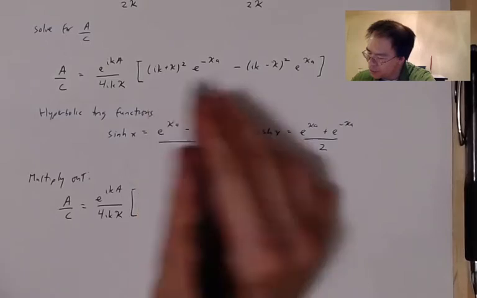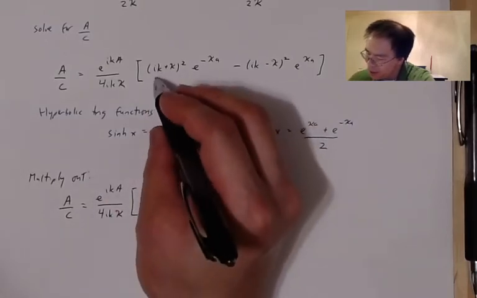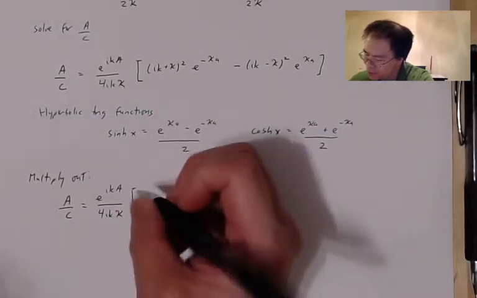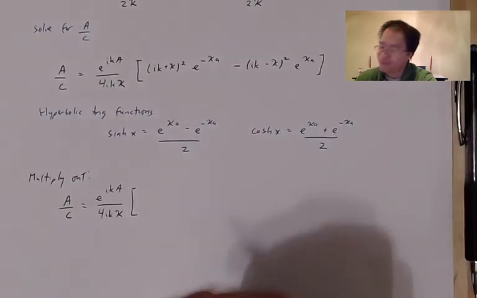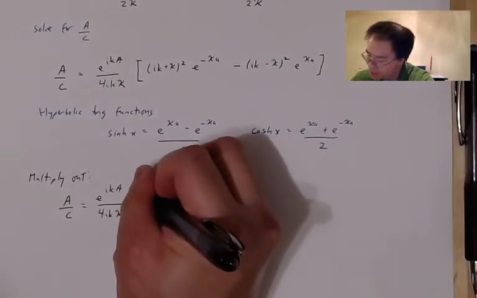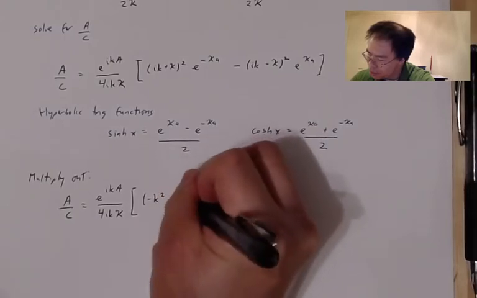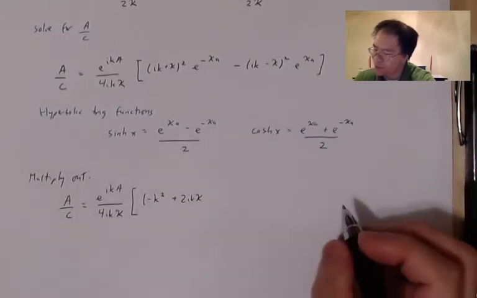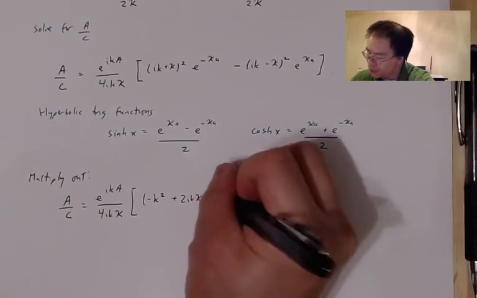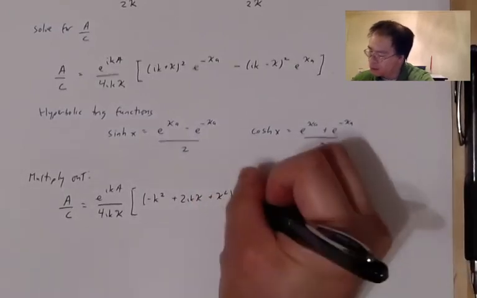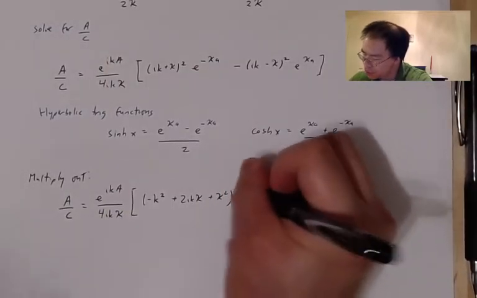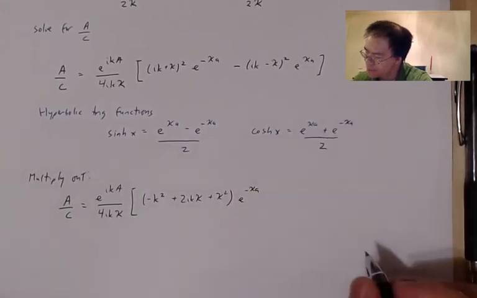Okay, so let's just multiply this. Squaring this term gives me ik squared, which gives me a minus k squared, plus 2ik kappa for my cross term, plus kappa squared, the whole thing times e to the minus kappa a.